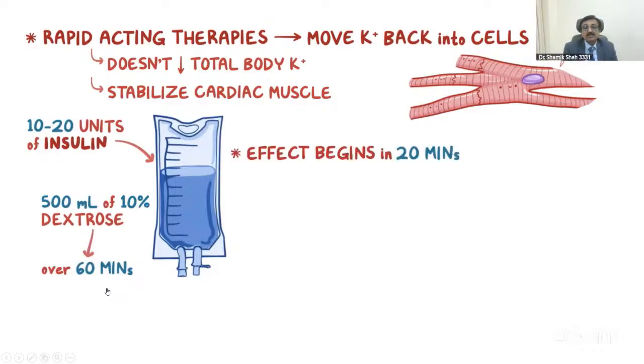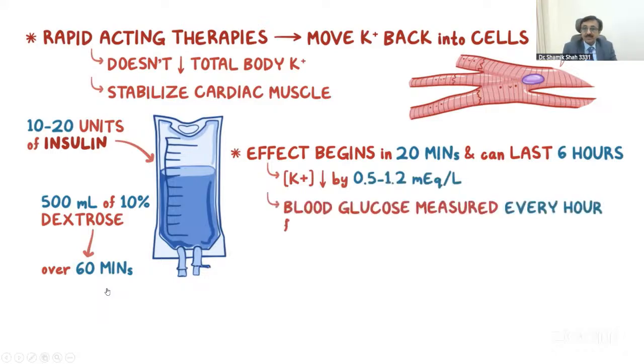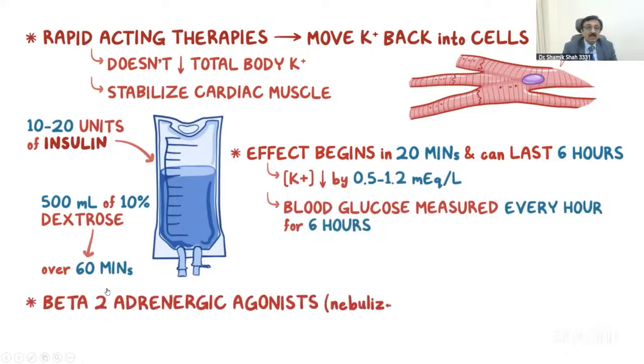The effect begins within 20 minutes and can last for up to 6 hours. When we give this, potassium reduces by 0.5 to 1.5 milliequivalents per liter. Of course, blood glucose needs to be measured every 6 hours because we are giving 10% dextrose to the patient. In addition to this, we can give beta-2 adrenergic agonists like nebulized albuterol to again move potassium inside the cells.